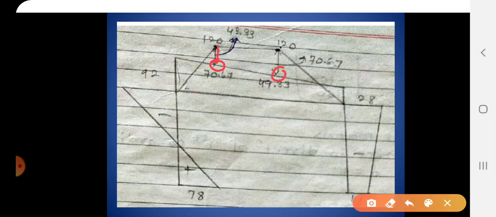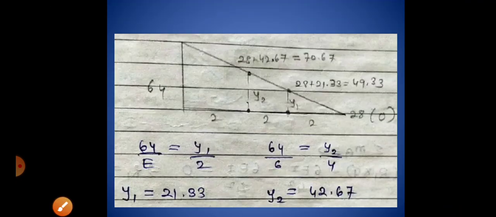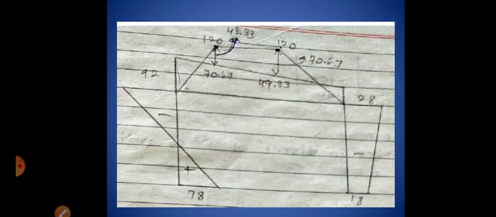Okay, and then you can find this ordinate as 120 minus this value, 120 minus this value. Okay, so you will get these two ordinates easily. Okay, so this completes the second example. Thank you.